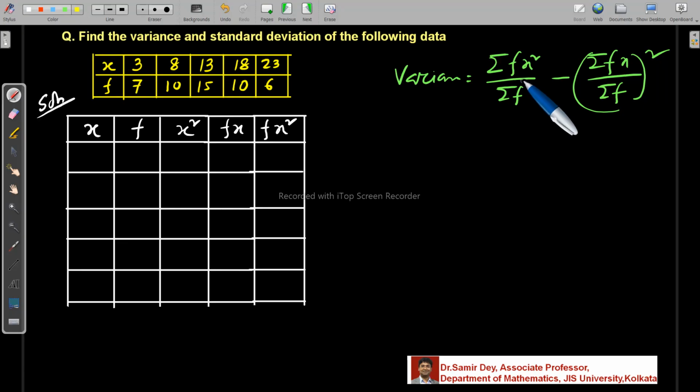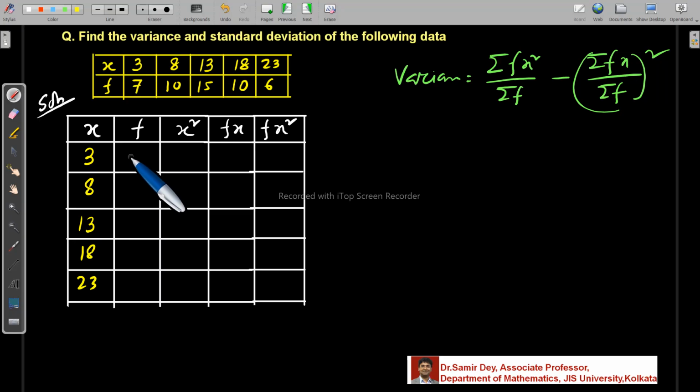So from here it is clear that our requirement is to find the value of summation fx and summation fx square. That's why we have created these columns. Okay, now you write down the x values 3, 8, 13, 18, 23. I think it is clear to everyone.